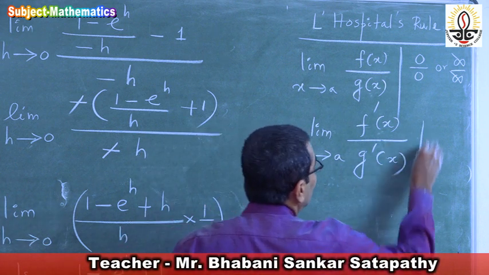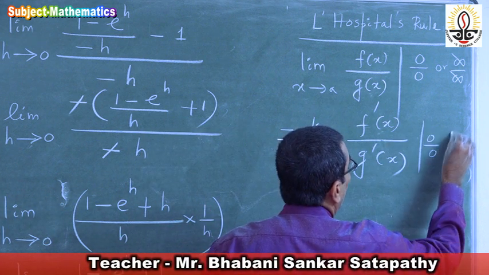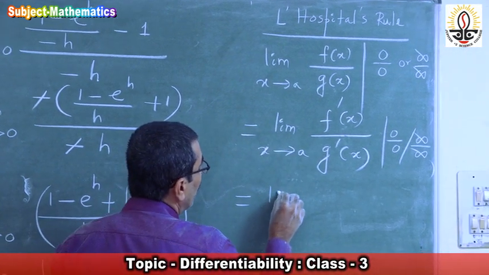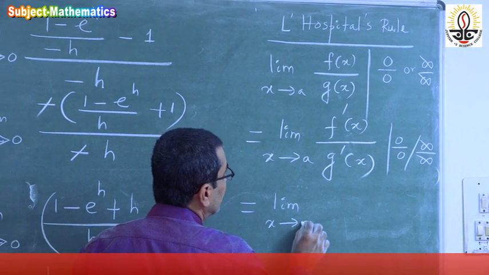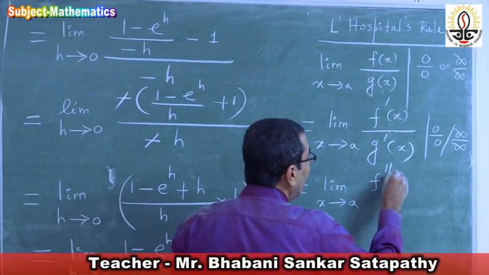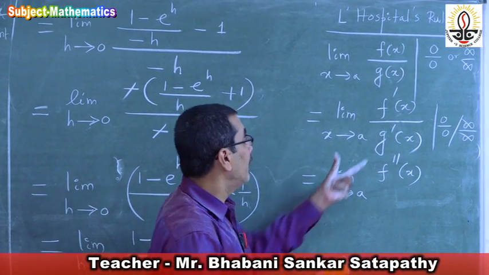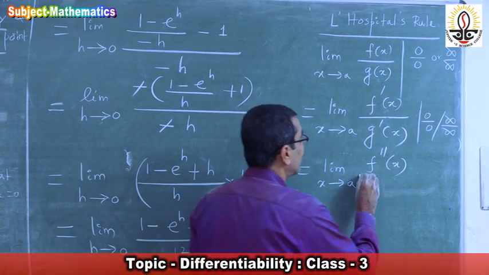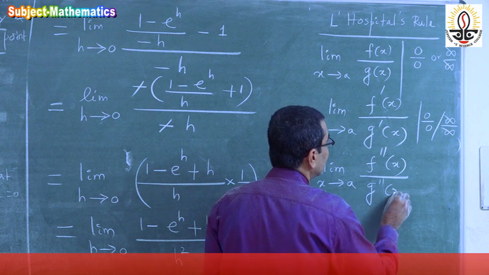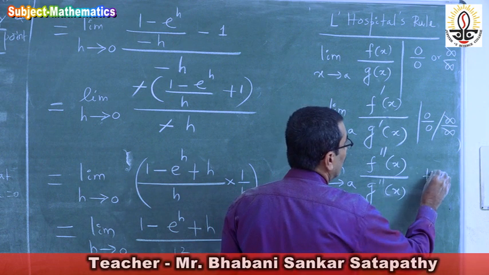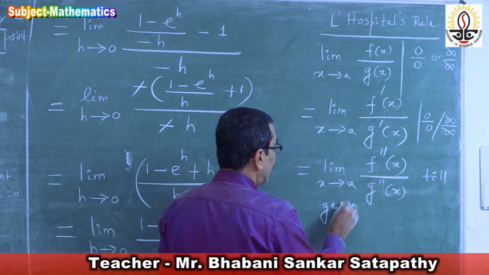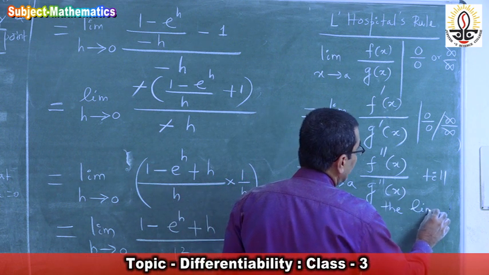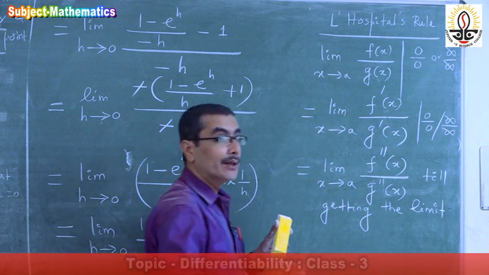So if this is again in 0 by 0 or infinity by infinity form, then also we will find the limit x approaches a of f double dash x divided by g double dash x. If you differentiate it again, it will give rise to f double dash x divided by g double dash x, till getting the limit. This process continues till getting the limit.